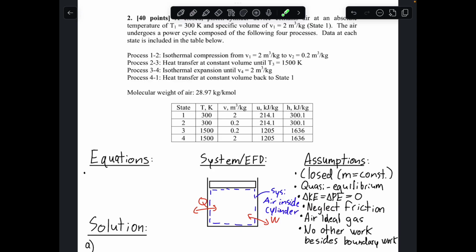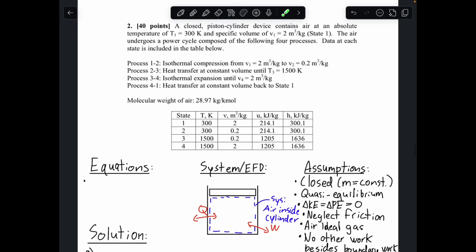So the only work we're going to have to worry about is the work related to this piston as it moves positions in here. We don't have any other external work with any shafts or anything like that. So the only work we are going to focus on is the work done by this piston and the work done on this piston by this air. So that's a pretty good start to setting up our problem. And now I will move into the solution for part A.